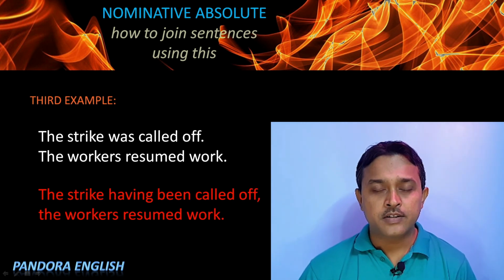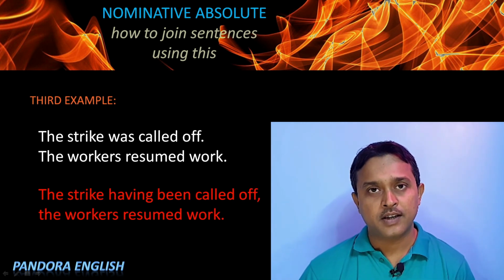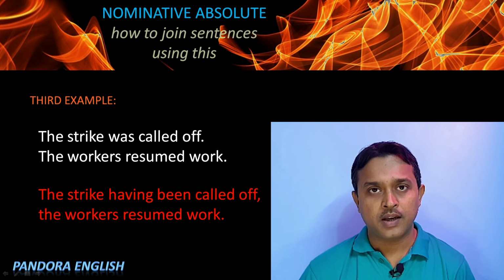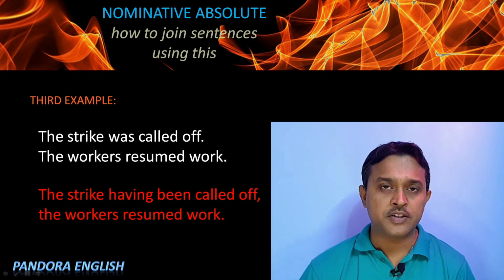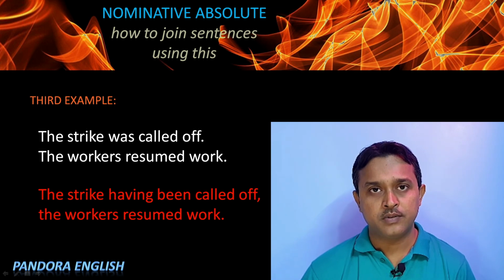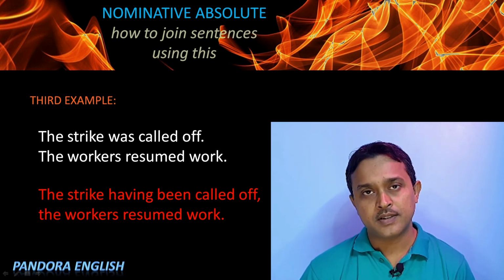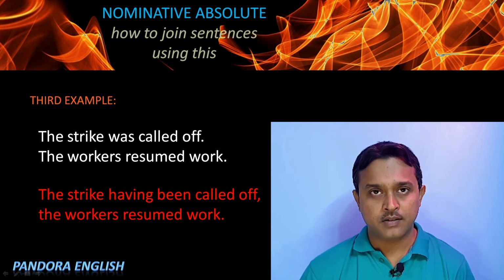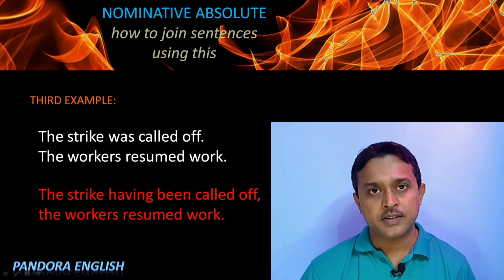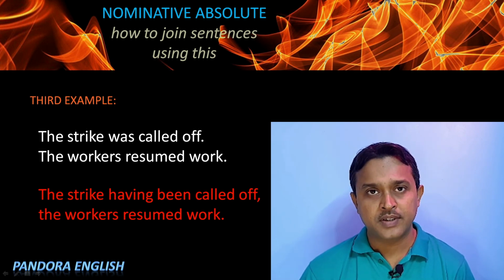Now let's look at this example. The strike was called off and the workers resumed work. In this pair of sentences, the subjects are obviously different. The first sentence describes the action in the passive voice.